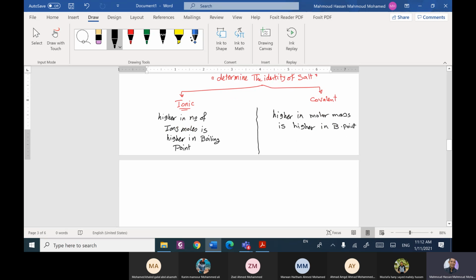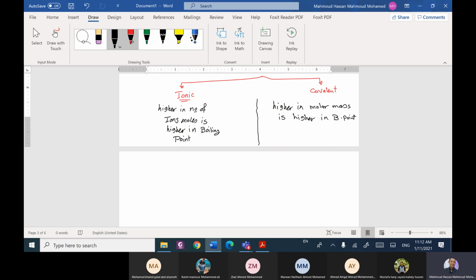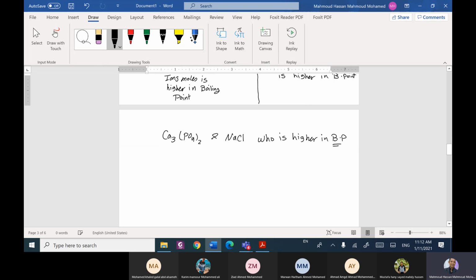An example: when I have two salts like calcium phosphate and sodium chloride, who is higher in boiling point? Firstly, return back to the number of moles of ions which you produce from each one.